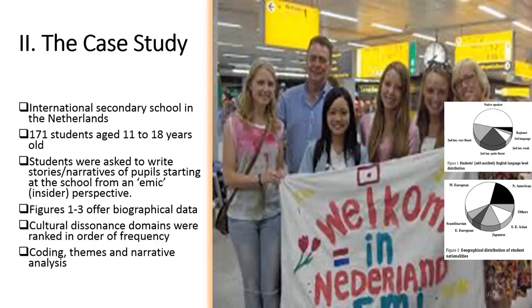In our reading, you'll see several figures, and figures 1 through 3 give us some biographical data, pretty much some demographics on who the students were at this school. In order to make sense out of all this written data from the students, the author arranged it by coding the information, then separating it into major themes, and then he analyzed all of the student writing.